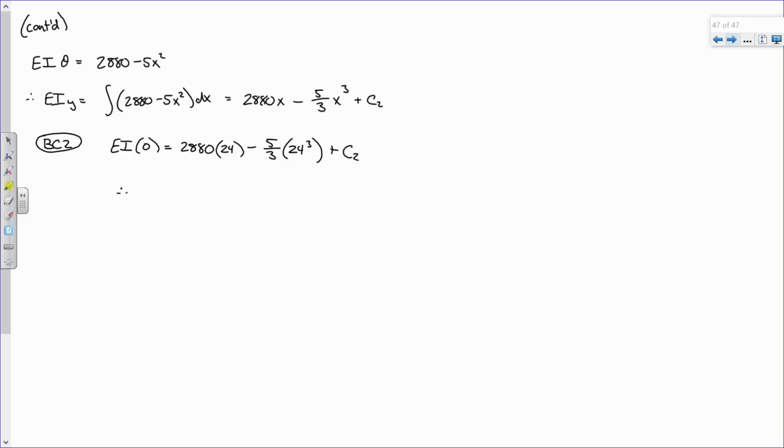So therefore, C2 is going to equal 5/3 24 cubed minus 2880 times 24.